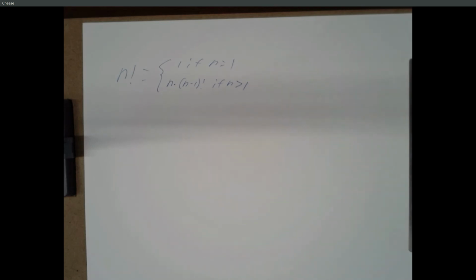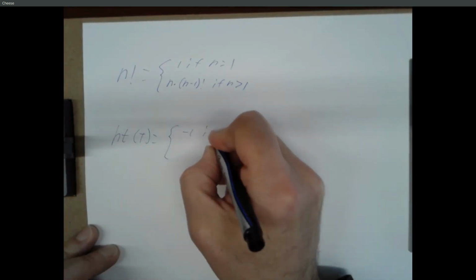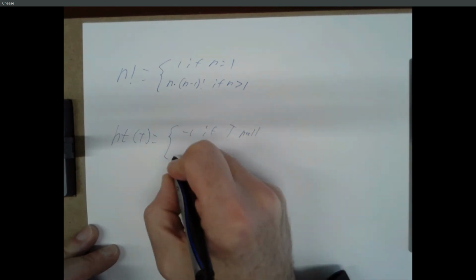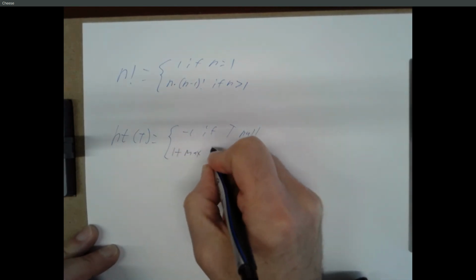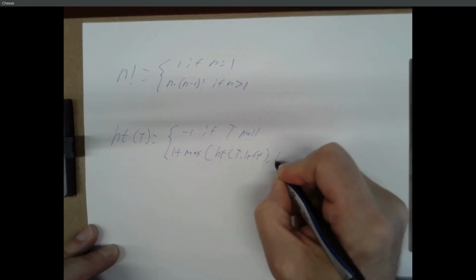And now we're never counting links from the root to a leaf node. We're never looking for leaf nodes. We're never doing a traversal. We're just saying return 1 plus the largest of height of tree dot left, height of tree dot right. But with an edge case saying if the tree is null, return minus 1. So that's like height of t equals minus 1 if t is null, or 1 plus the maximum of height of t left, height of t right.